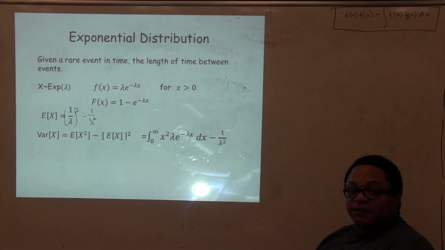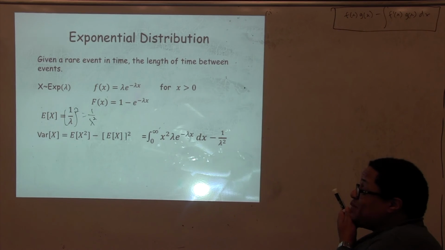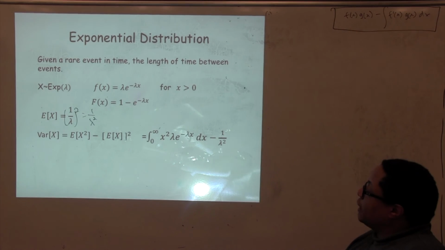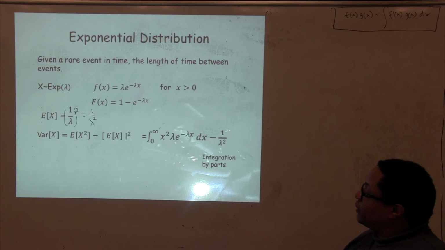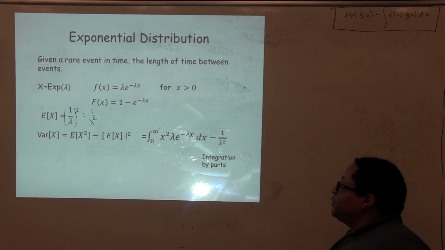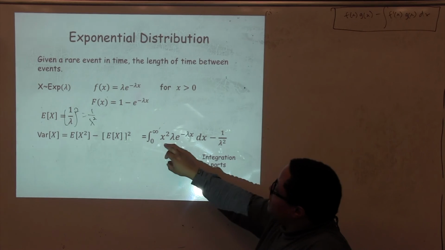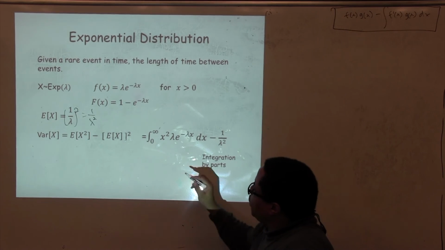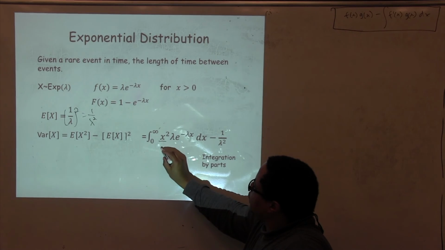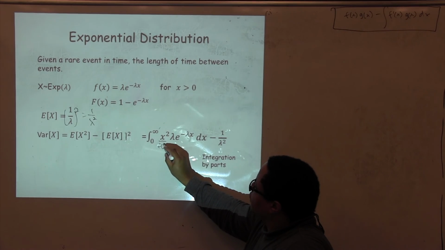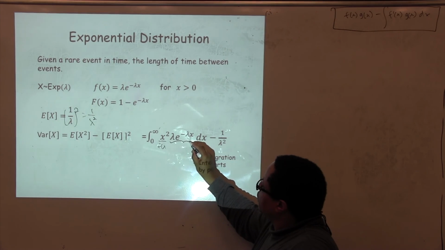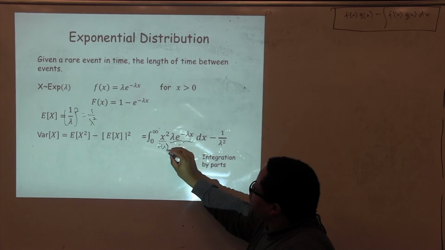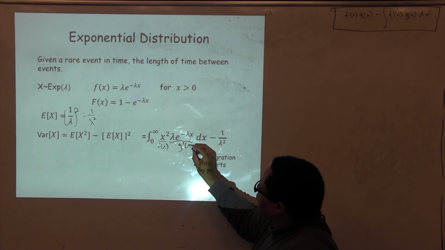And that's a complex function. So the question we ask ourselves is, how are we going to reduce this? Certainly, we're going to use integration by parts. So let's do this integration by parts. When we see this function, we're going to treat this term as our f of x, and we're going to treat this term as our g prime of x.